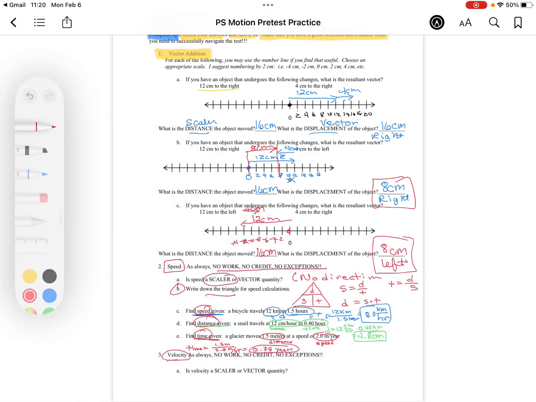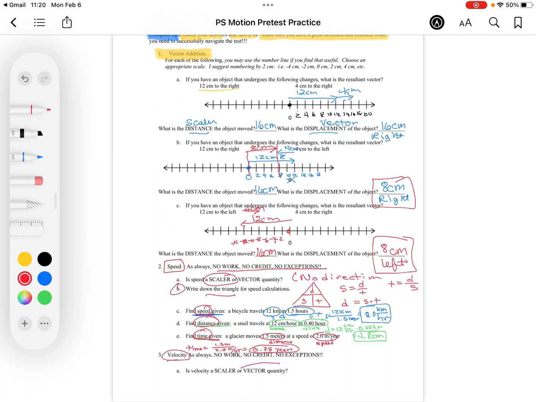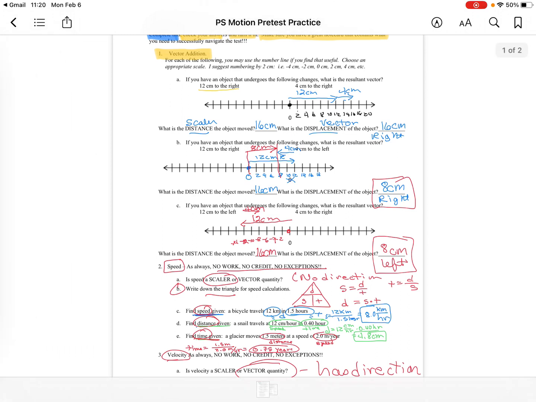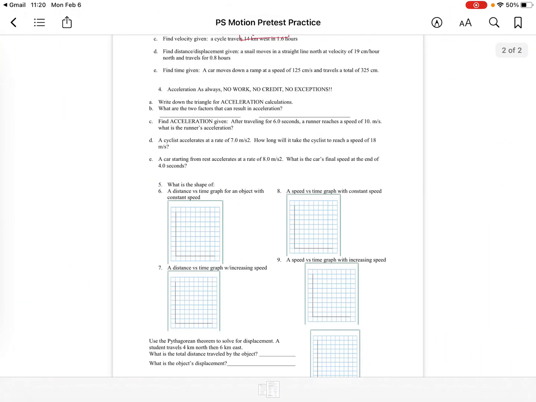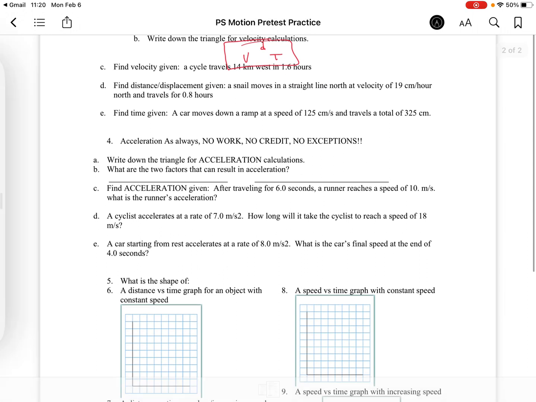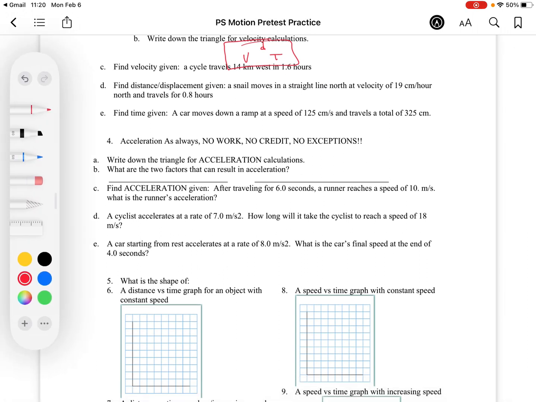Didn't I have something that asked if this was a scalar or a vector quantity? Oh, there it is. Is velocity a scalar or vector quantity? Velocity is a vector quantity because it has direction.